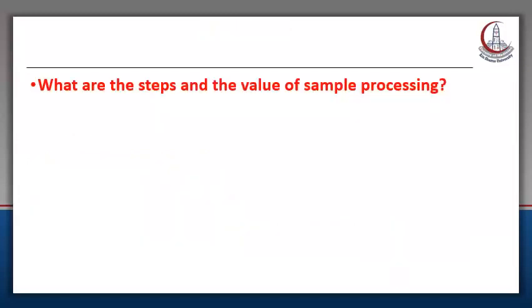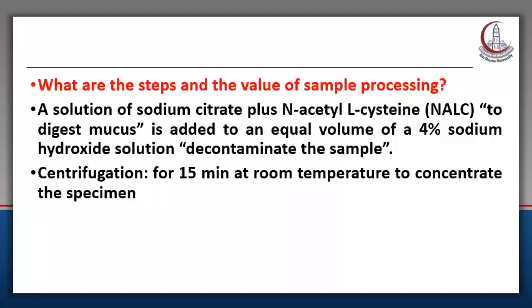As we discussed in the previous presentation, a sputum sample from a pulmonary tuberculosis patient should be processed in a certain way. First, it should be decontaminated to prevent bacterial overgrowth. This is done by adding sodium citrate with N-acetyl L-cysteine to digest the mucus, and 4% sodium hydroxide solution to decontaminate the sample.